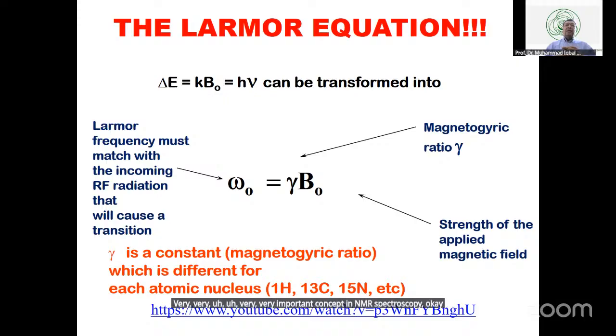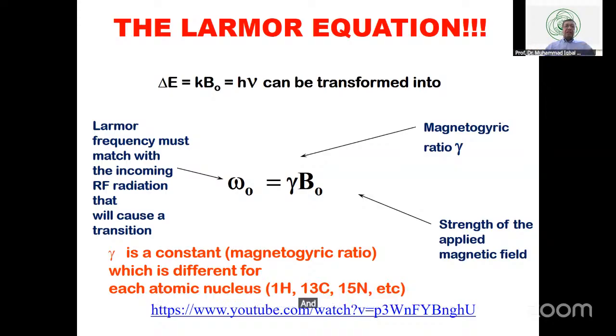Okay. Similarly, within one element, for instance, you are just detecting proton, hydrogen, in your sample. These Larmor frequencies are slightly different from each other depending on B effective. Remember, I told you that electrons have a very important role to play. They shield or deshield.